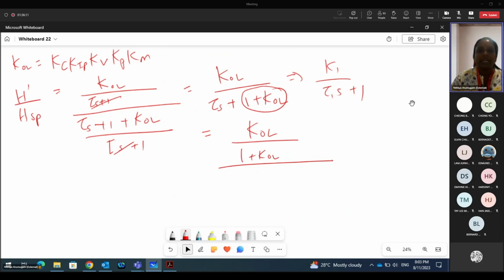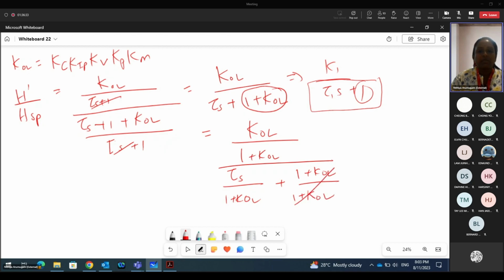Because I want to get in this form, tau 1 s plus 1. For me to get the plus 1, I need to divide by the same term. So that will give tau s over 1 plus KOL plus 1 plus KOL over 1 plus KOL, so this whole thing will become 1.